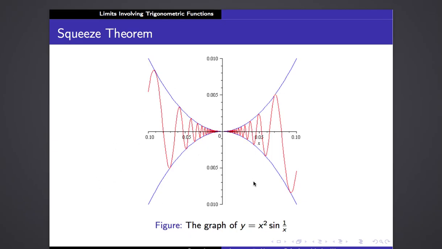The graph in red is the graph of x squared sine of 1 over x. They keep oscillating, and as x approaches 0 from the left and right sides, they are both approaching the number 0. So this graph clearly confirms the limit we just calculated.